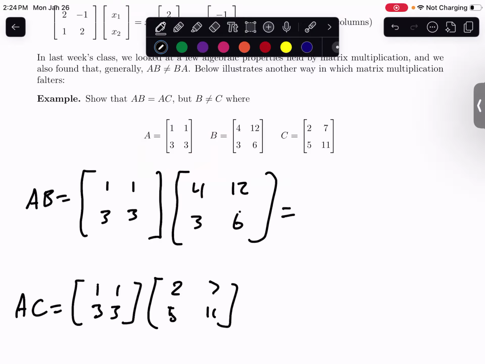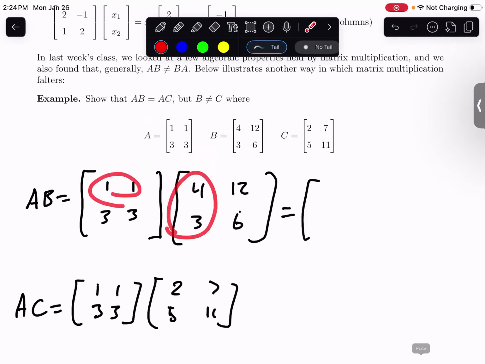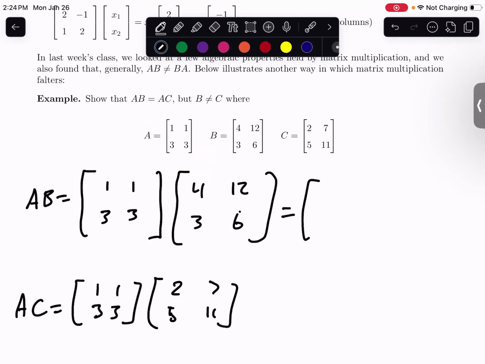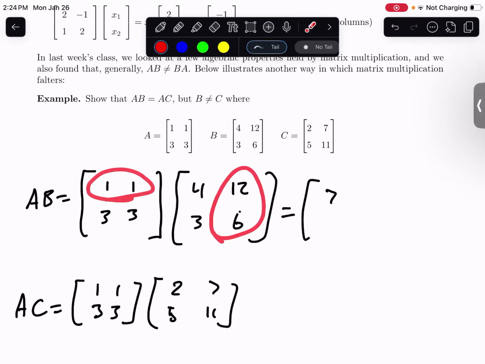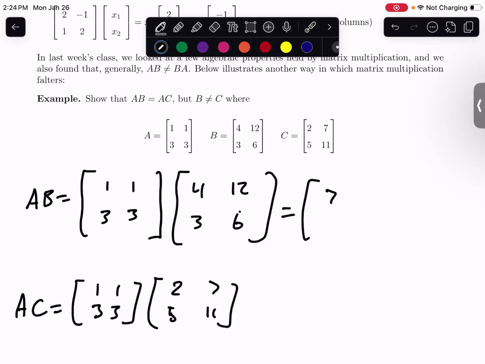So you just multiply these matrices, right? The first entry of the matrix product is the dot product of the first row with the first column. So it's going to be 4 times 1 plus 3 times 1, which is 7. I'm not going to explain all the numbers I get, but the 1, 2 entry is the first row dotted with the second column. So it's going to be 12 plus 6, which is 18.